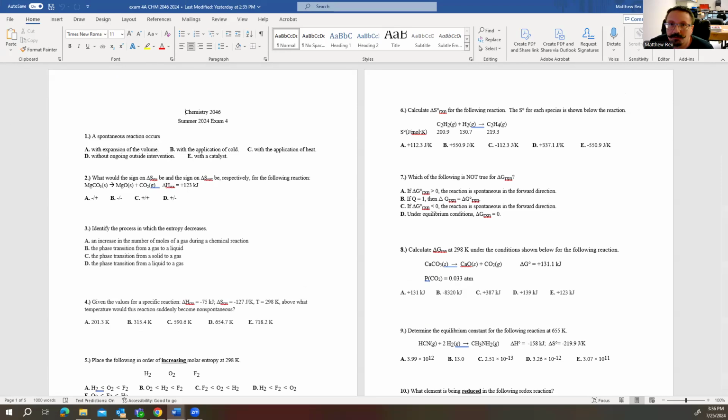What would be the sign? What would the sign be for delta S system and delta S surroundings?